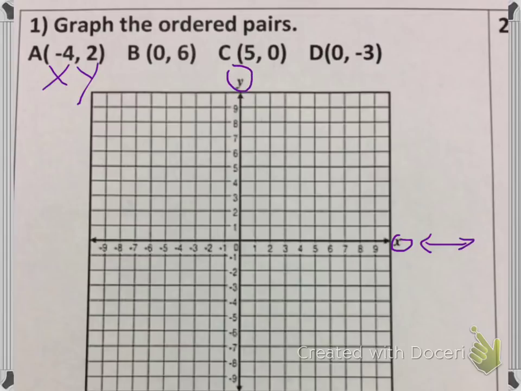So I need to go to -4 on the X axis, which would be to the left, to -4, which would be right here. But my point doesn't get to be right there. I actually am going to move that point up 2 on Y. So over -4 and up 2 gives me a point right here. That point would be called point A. So just graph that for me.